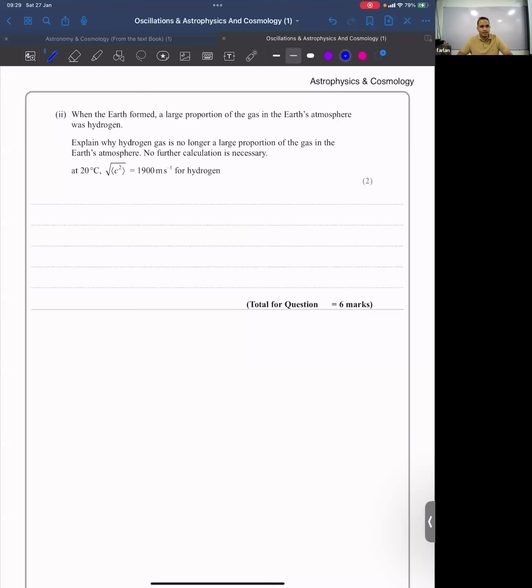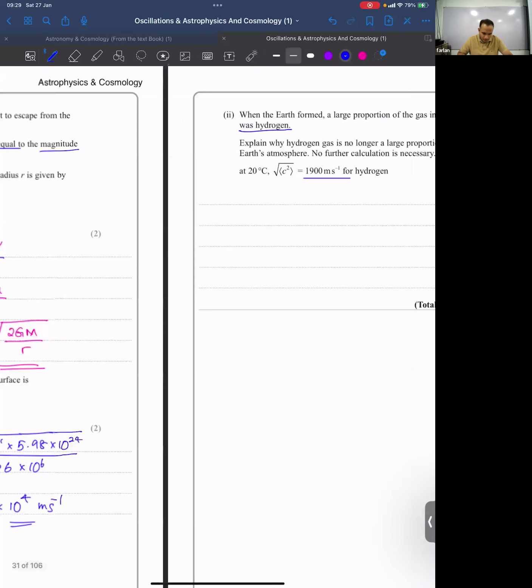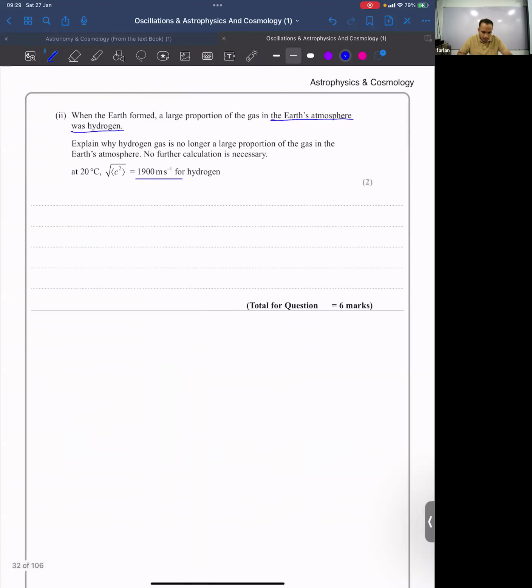So they are talking about that when the Earth formed, a large proportion of the gas in the Earth's atmosphere was hydrogen. Explain why hydrogen gas is no longer a large proportion of the gas in the Earth's atmosphere. No further calculations is necessary. At 20 degrees Celsius, the root mean square speed of hydrogen is given as 1900 meters per second.